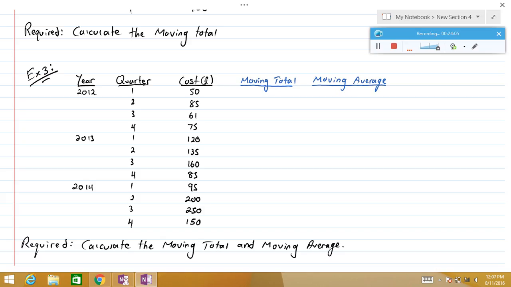Now moving total, moving average. So you already know how to calculate moving total, am I right? So can you start first? Then I will do the moving average for you. I'll teach you how to do.